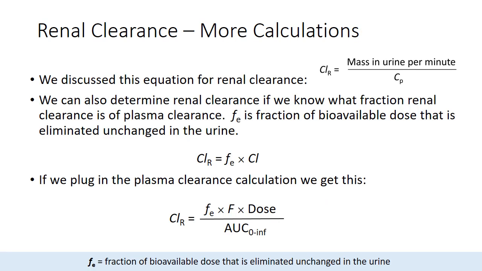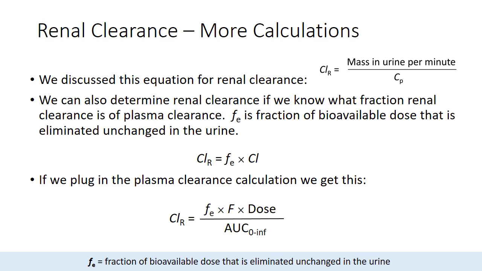So we talked about the renal clearance equation. If we look at it a different way, and if you knew plasma clearance, and somehow you knew what fraction of that clearance is due to renal clearance, that's a very easy calculation. Then you could figure out the renal clearance from that, right? It's just a fraction of the plasma clearance.